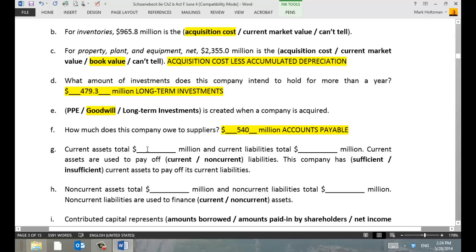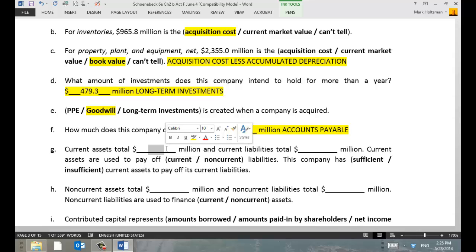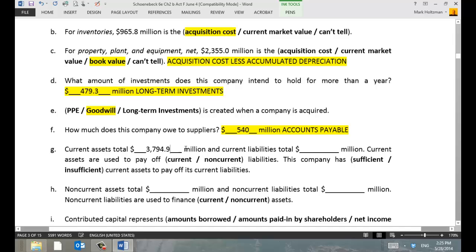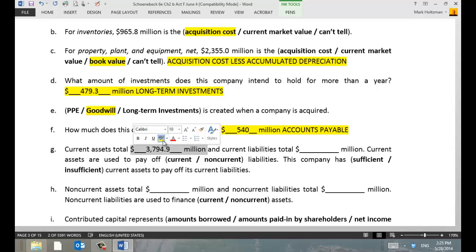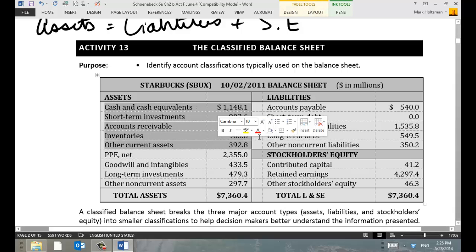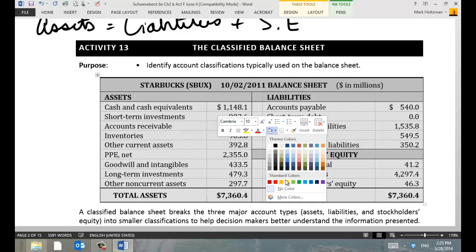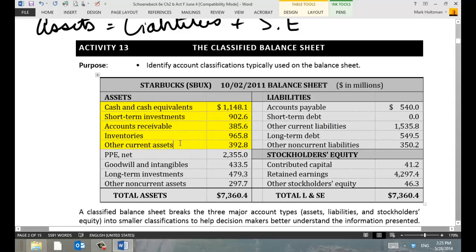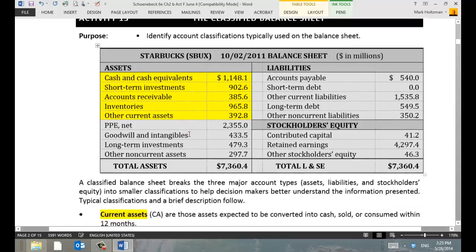Current assets total what? $3,794.9. And in case you're wondering where that came from, that is all of these items here added up. So it's the first 5 items, all current assets.